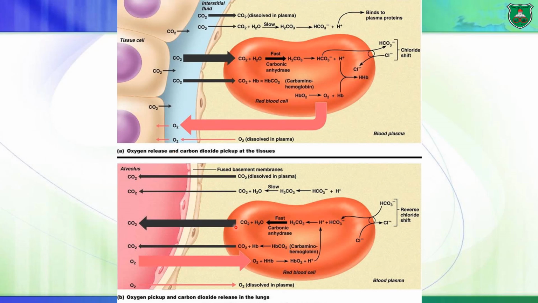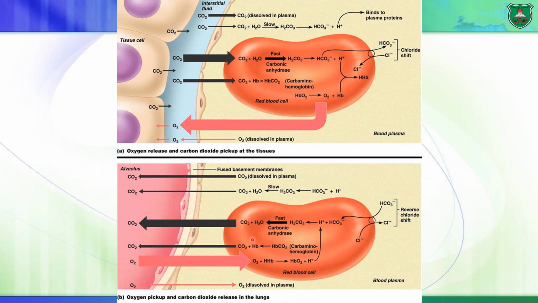Now the opposite is true in lungs. So in alveoli, what happens is that the bicarbonate ion goes in, chloride ions would go out. Okay. Now again, bicarbonate ion forms CO2 and CO2 is exhaled.